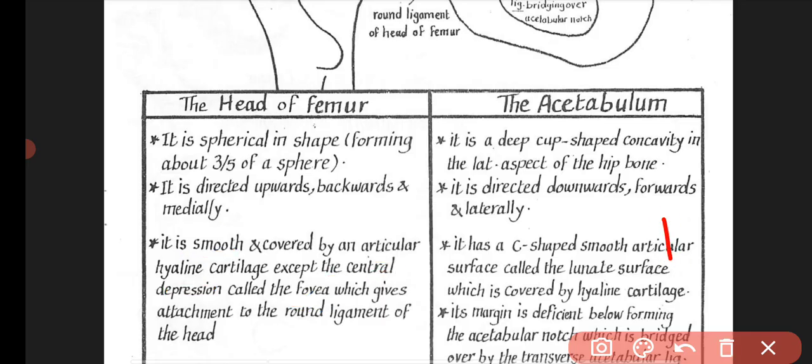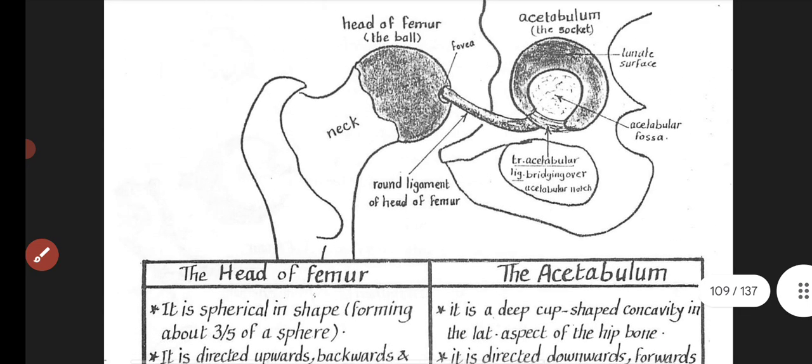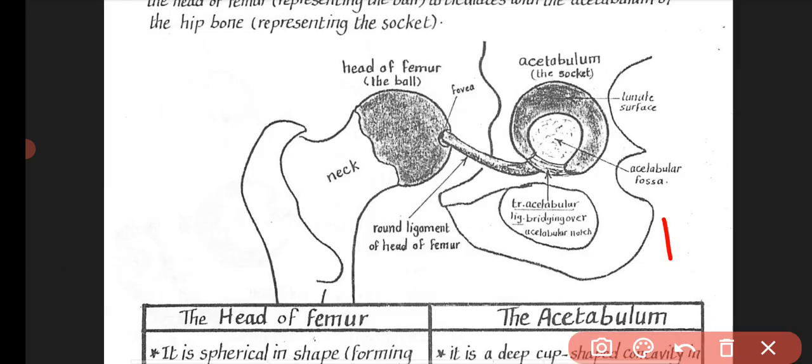Here there is a central depression that is called the fovea. All are covered with the hyaline cartilage except this portion. This is one of the important questions which comes in the practical.